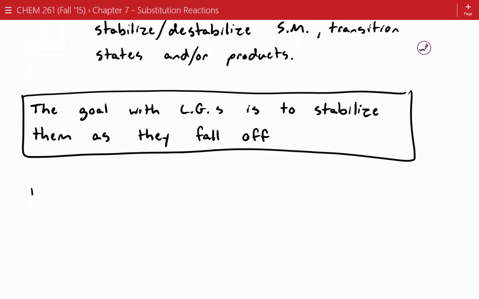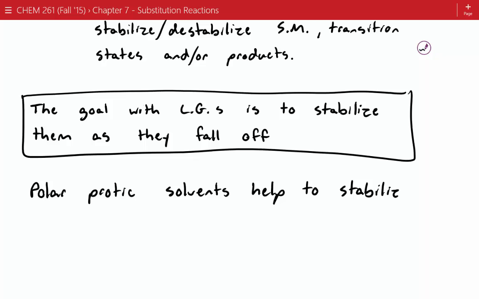So polar protic solvents help to stabilize the leaving group as it falls off.